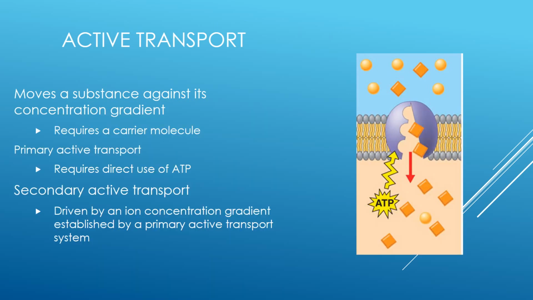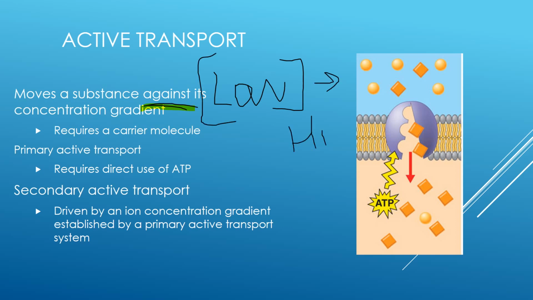A third type we have is active transport, and this is where we need energy. Sometimes molecules must be moved from an area of low concentration to an area of high concentration. This means that they move against their concentration gradient, so you're going from low concentration to high concentration.